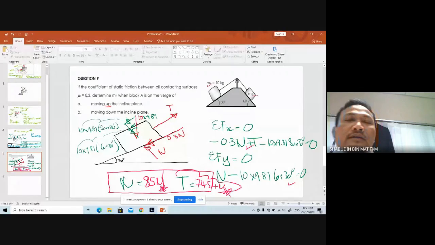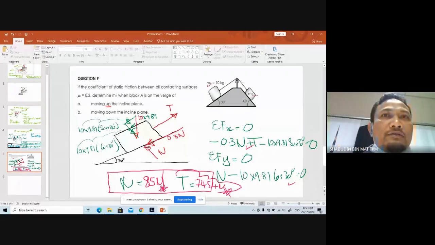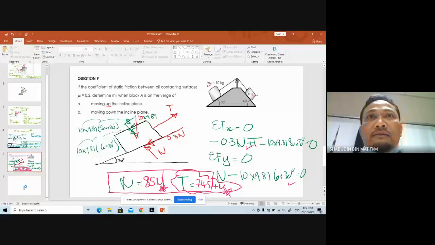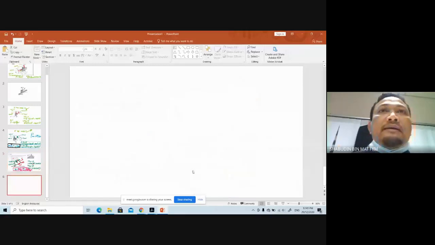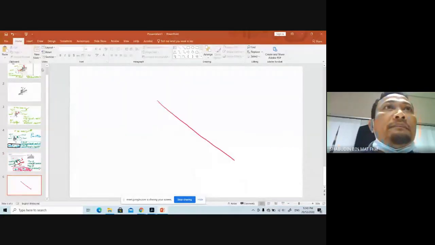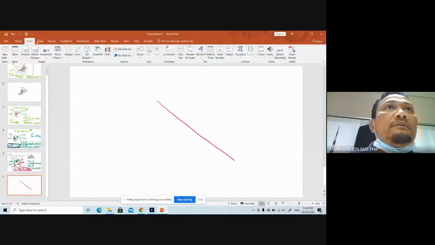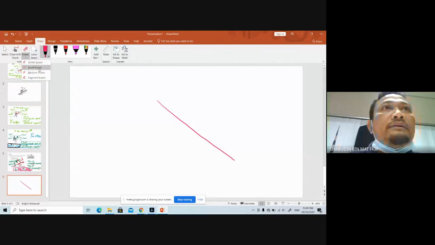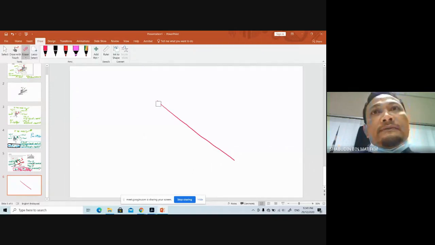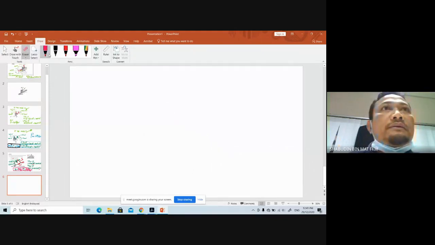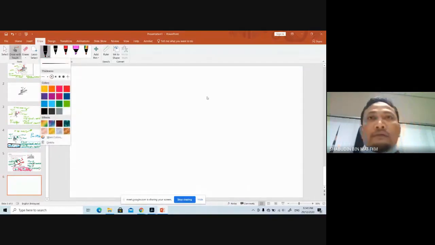So in the second situation, where you have the plane at 45 degrees, I will draw using a red color.